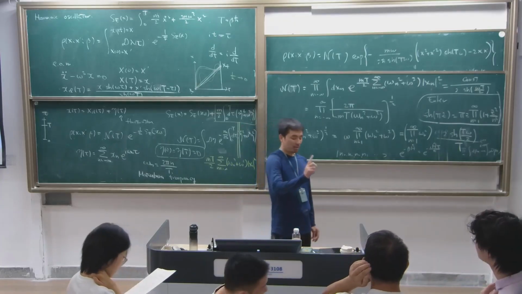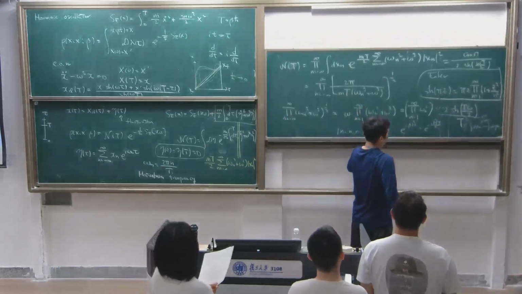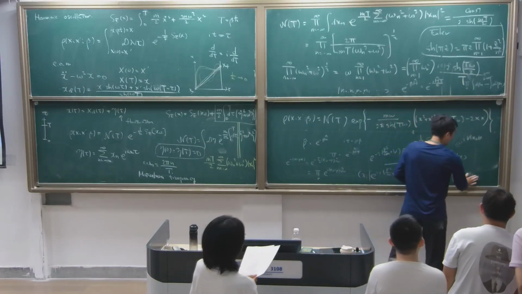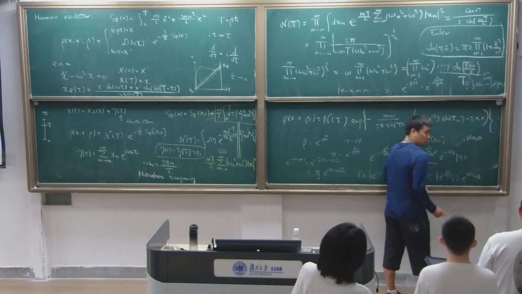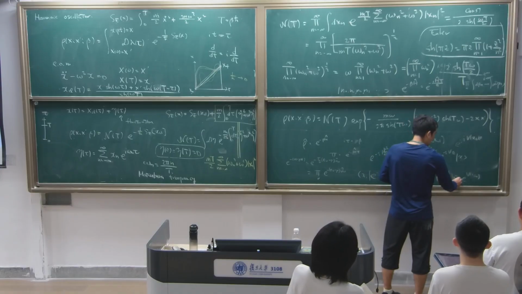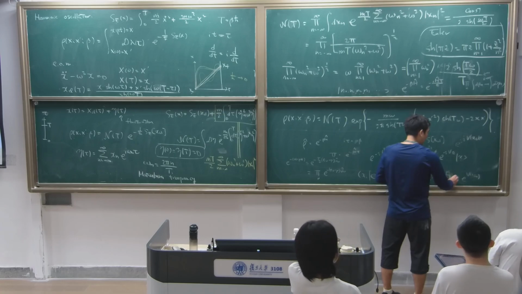Yeah, one way to answer this is the following. That's why I wrote this one as x_{i-1}. This one is x, and this is x_i, right? And I put the p_n, p_i, right?